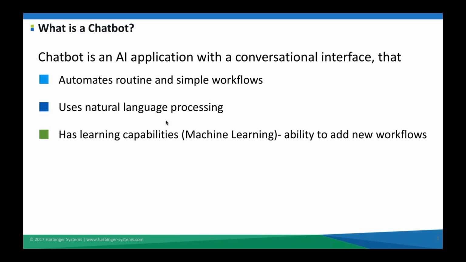And over a period, as you use the application, it has learning capabilities. That means you may make the application handle a specific, very simple workflow to start with, like responding to a benefits query or an I-9 application assistant or something of that sort. But very quickly, through the data, you should be able to add new workflows.